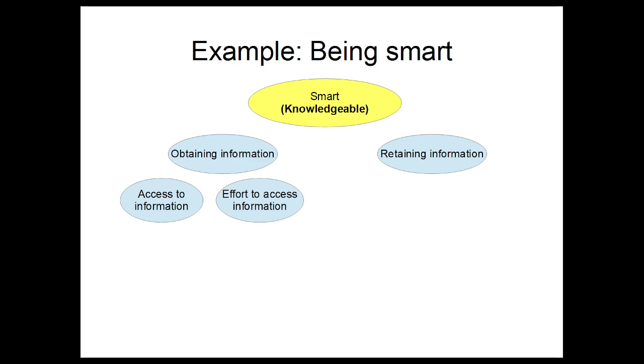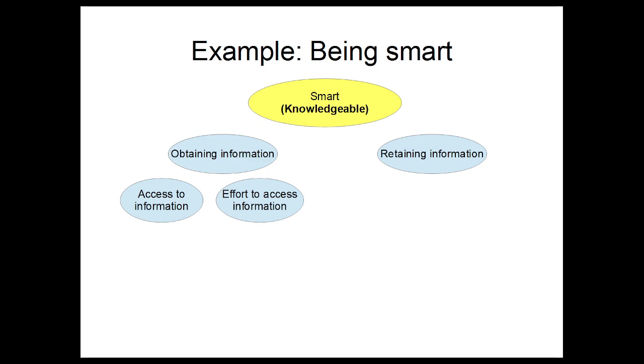Can you take classes about the subject? And now with the internet, can you find the information online? Is it in a language that you can read? And then how much effort do you put in to access information? Like, do you actually take classes? Do you actually read books? Do you actually look stuff up online about it? And then retaining information would also have its own sub-factors too.